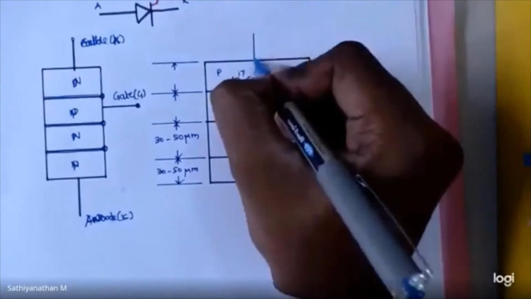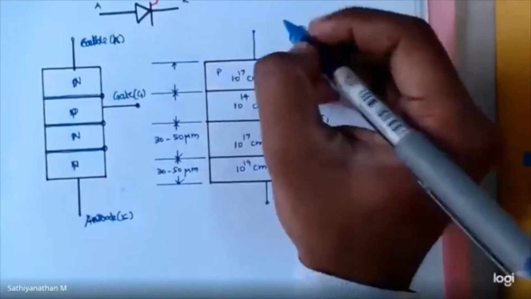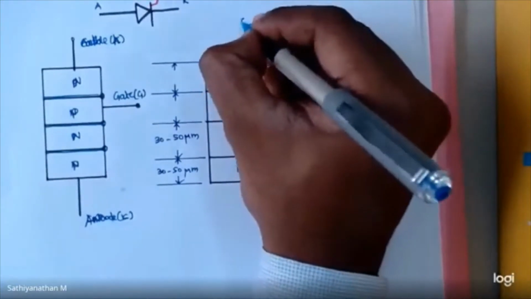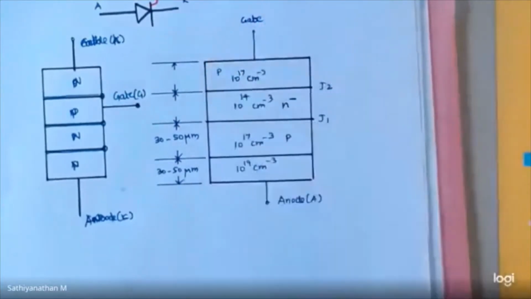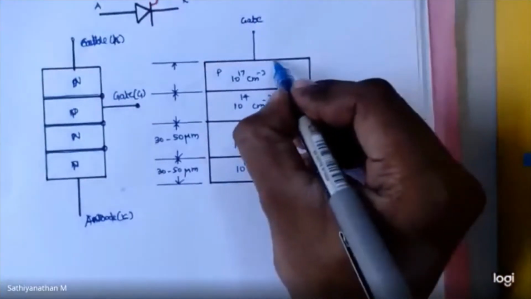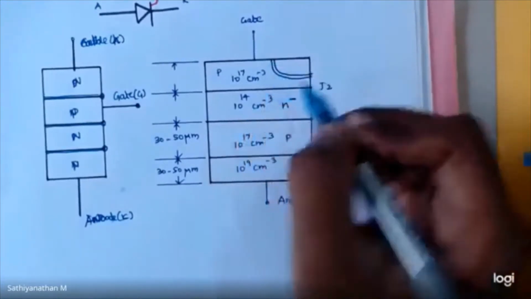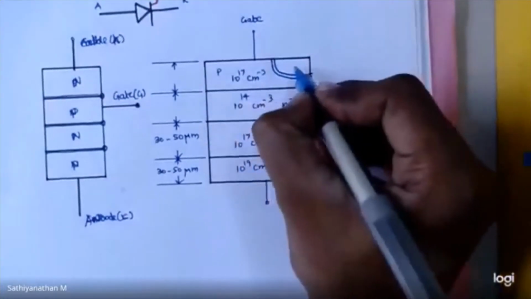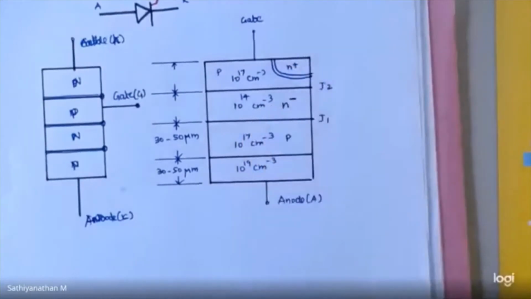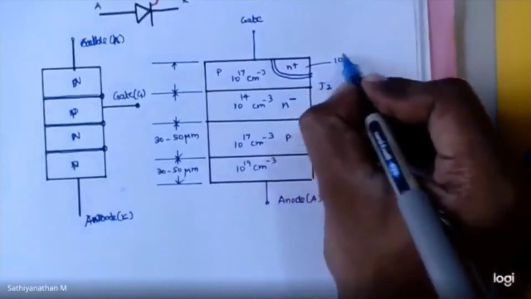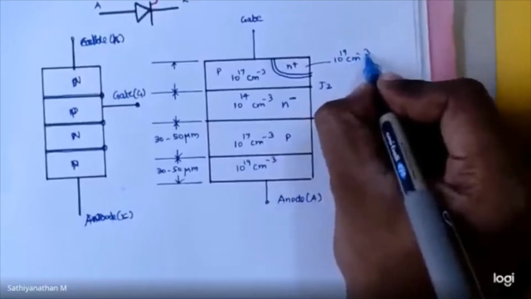And this is called the gate. And the anode is made from this part. This is the N plus layer. So it means higher concentration, 10 power 19 centimeter minus 3.